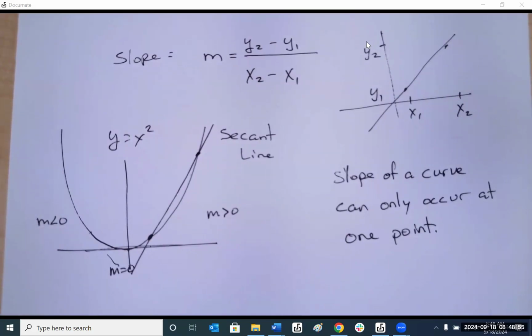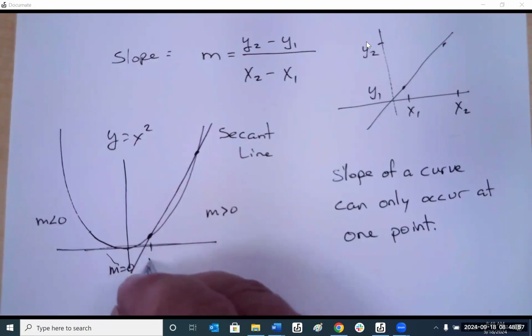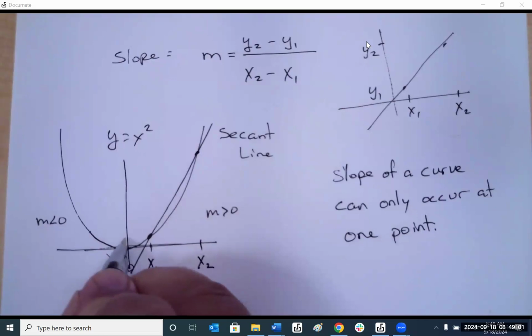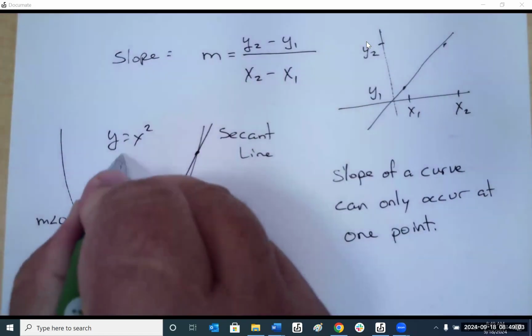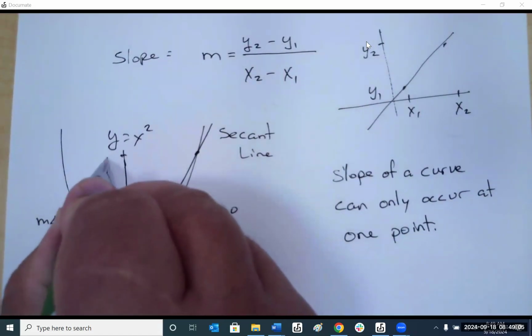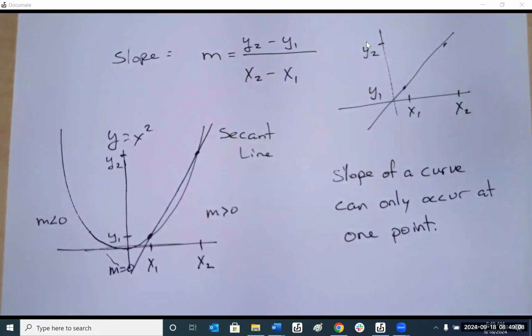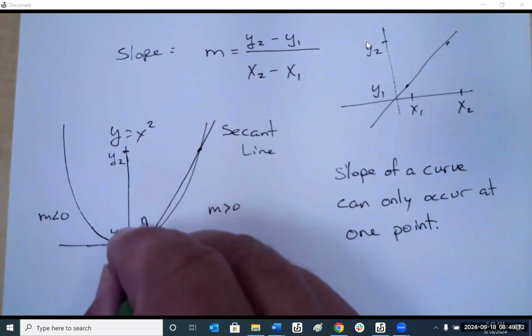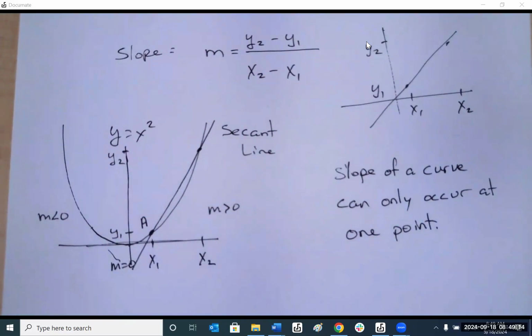So what we have to do, we have our x1, our x2, and then we have our y1, and we have our y2. Let's say I want to know the slope of the curve at point A, which is down at the first point.